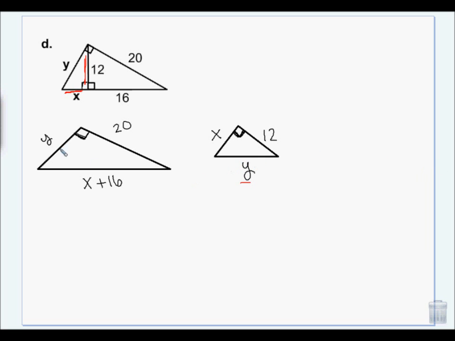Now I have two Y's, which means I have to solve for Y first in order to find X, because X and this Y correspond. Oh my. I have two X's also.